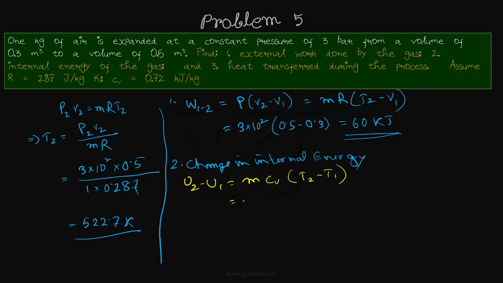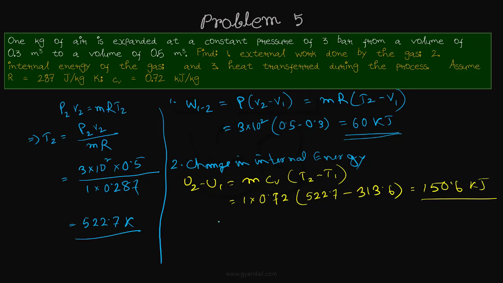So m is 1 kg mass, and the value of Cv is 0.72. Temperatures are 522.7 minus temperature T1, which was equal to 313.6. So after calculation we will get it to be 150.6 kilojoule. So this is calculated.